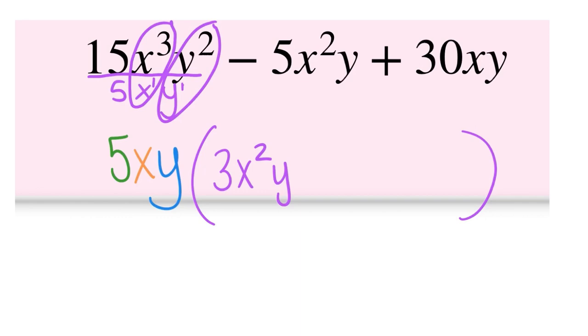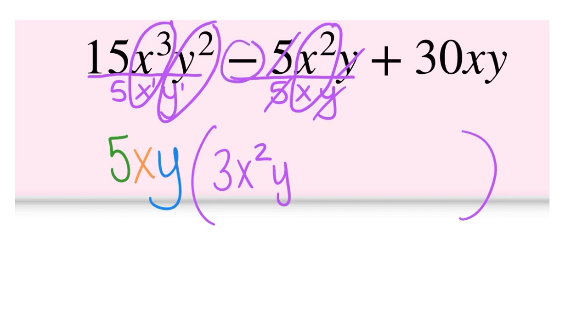All right, let's do the second term. We're going to divide this whole thing by 5xy. Well, the 5's would cancel. The y's would also cancel. And if you divide these, you would have 1x left over. You also have the negative still. So the only thing we would have left is negative x.